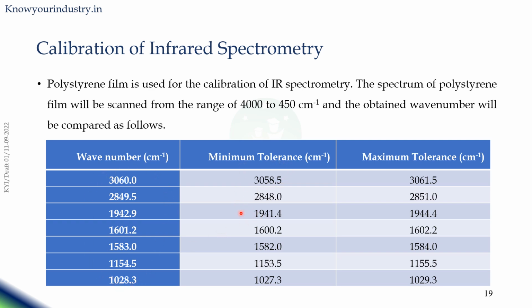Whenever you do the calibration, you should get the wave numbers within these tolerance limits. If they fall within these limits, then your calibration has passed and your machine is giving proper and real results for the sample.